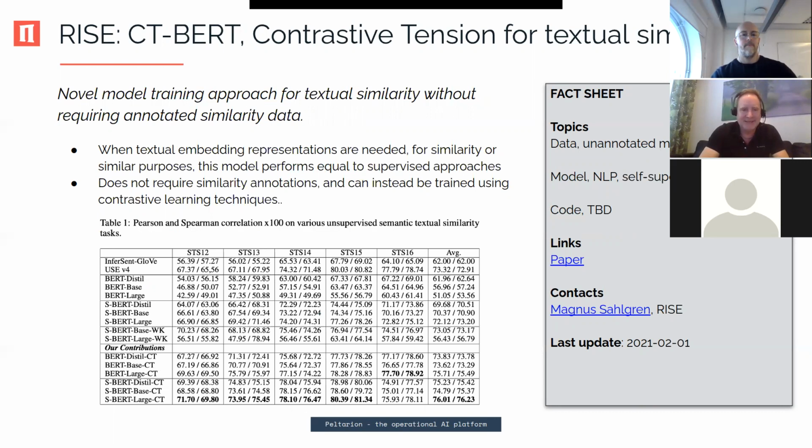And it works surprisingly well, even outperforming sentence-BERT and other state-of-the-art models for similar use cases. So once again, if you want to do text similarity and you have perhaps not annotated data, but you have at least some Swedish data, then this could be a great model for you to look more into. And see the links to the paper and contact Magnus if you want to know more about this.